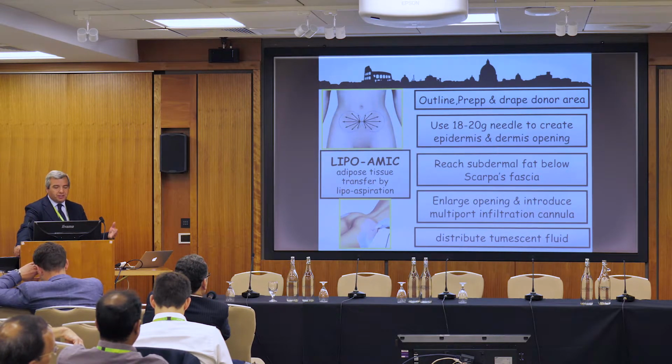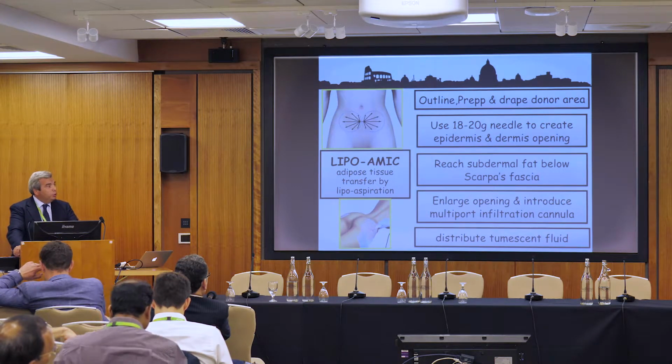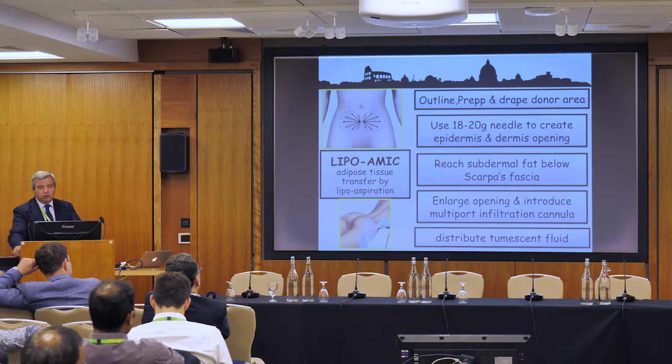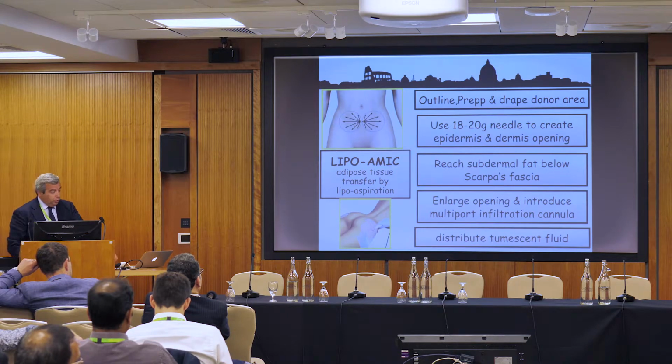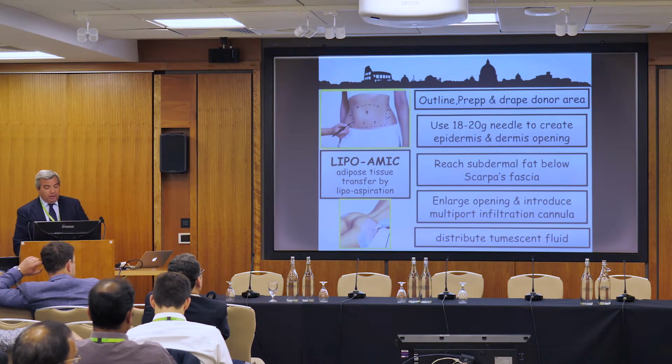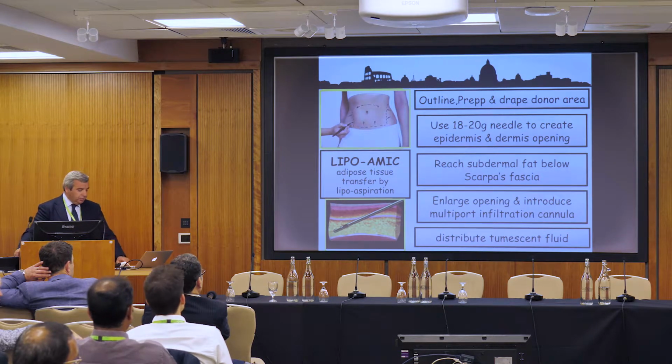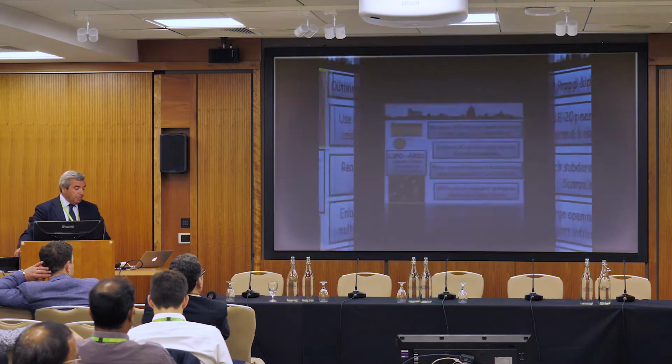You start by outlining, preparing and draping the donor area. You can use just an 18-20 gauge needle to create an epidermis and dermis opening. Then you reach the subdermal fat below the Scarpa's fascia. You enlarge the opening, introduce your infiltration cannula, and distribute the tumescent fluid.